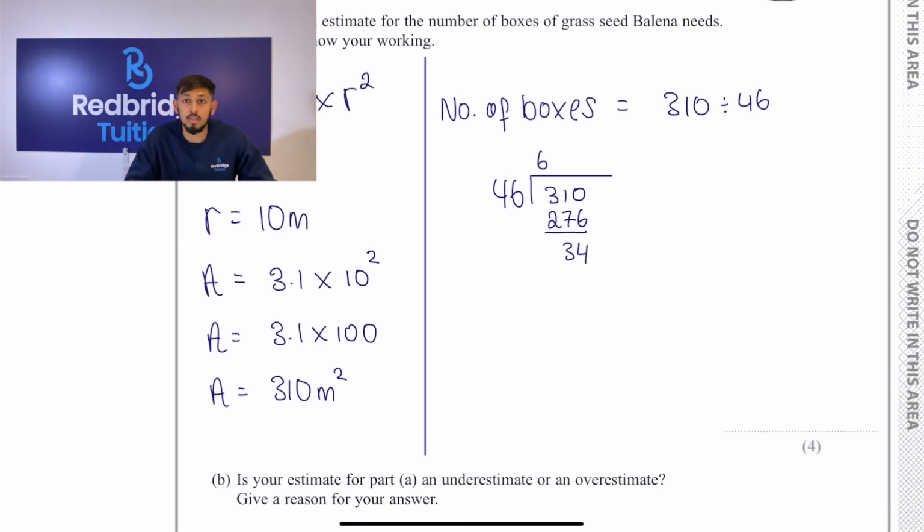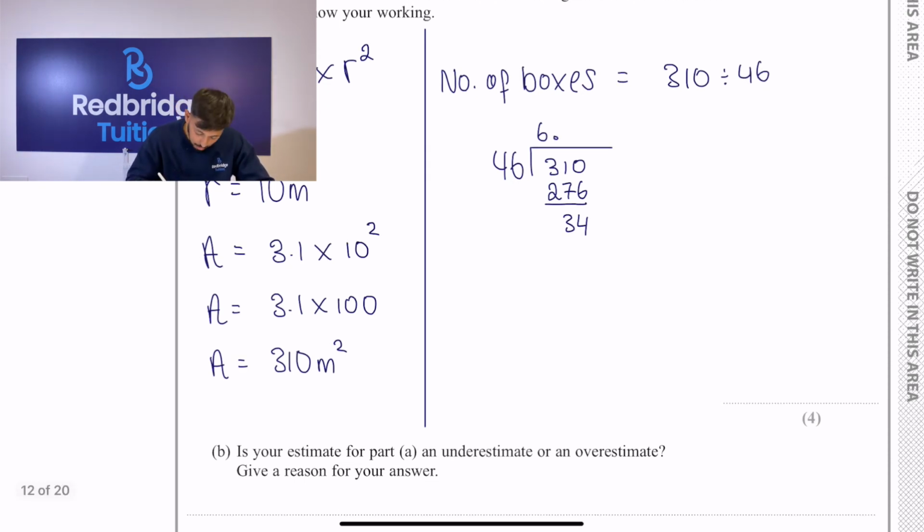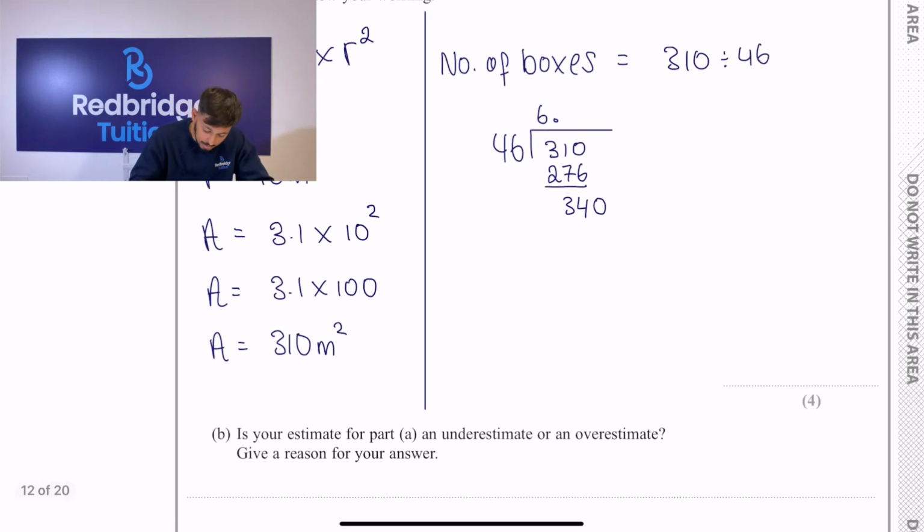Now as 46 doesn't go into 34 directly, we'd have to add a decimal place and add a 0 to the answer. So now we need to work out how many times 46 goes into 340. It doesn't go into it directly, but 46 times 7 gives us 322 with a remainder of 12.